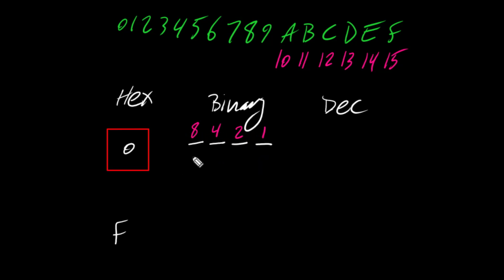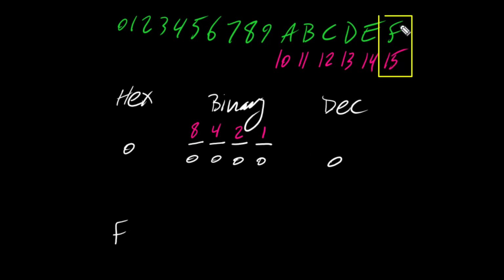For 0, all 4 bits are turned off, and decimal is also 0. For F, which is equivalent to 15, which bits do we have to turn on in order to get 15? All of them, right? 8 plus 4 is 12, plus 2 is 14, plus 1 is 15. So all of them are turned on, and decimal is 15.